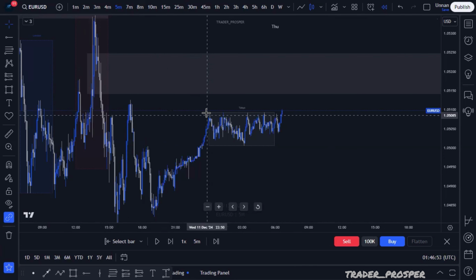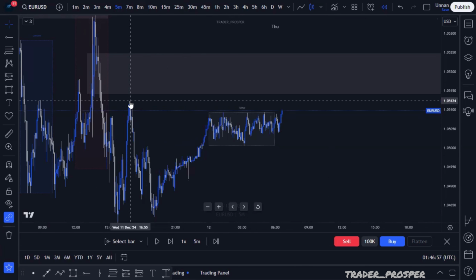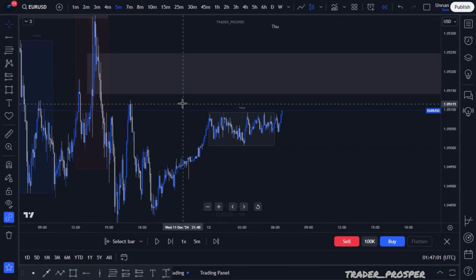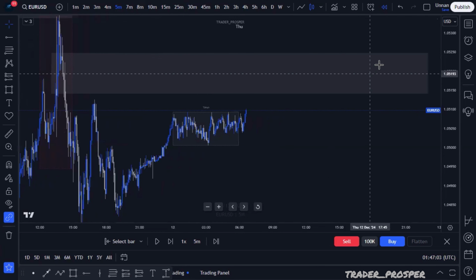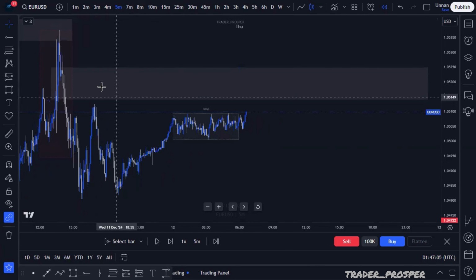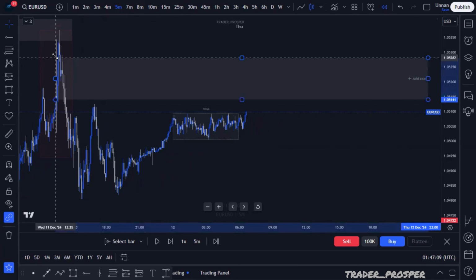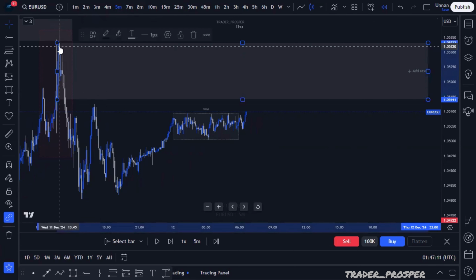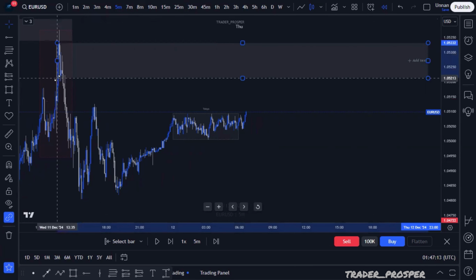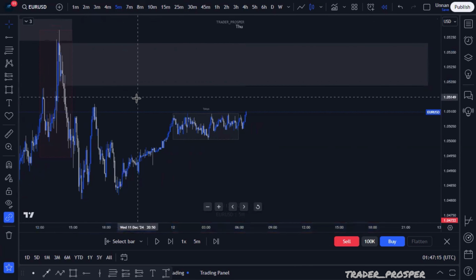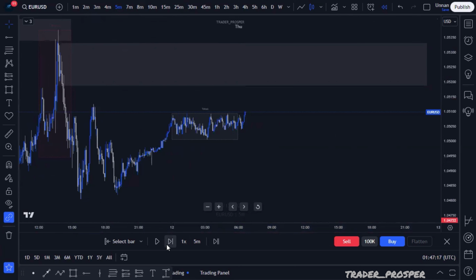So we got Asia range liquidity to sweep, and also we still got this sell side liquidity here before price can get to this level of supply. We can refine this further to this point. To this point, let's see what happens.